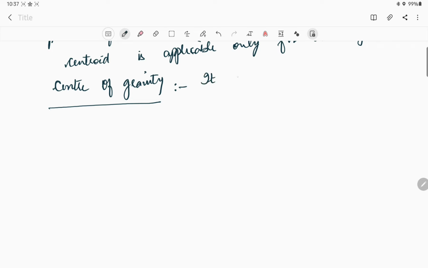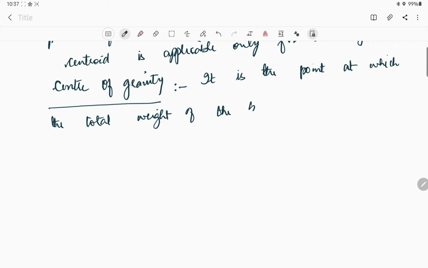I'm writing the definition here: it is the point at which the total weight of the body is acted.